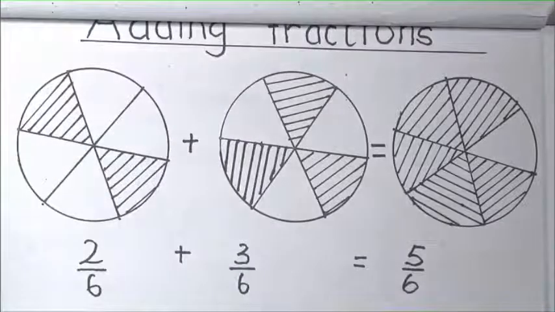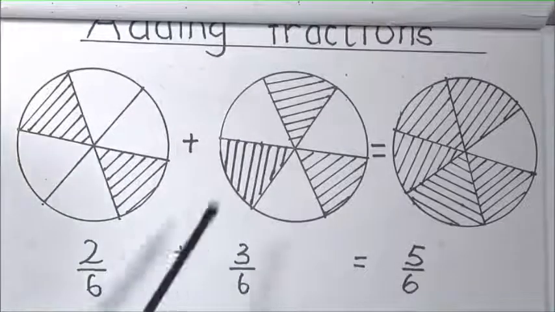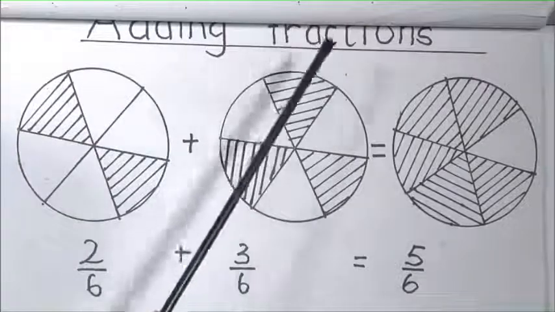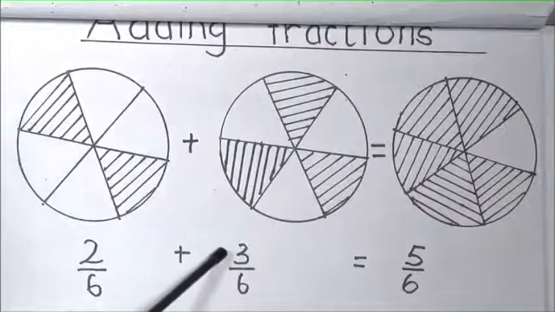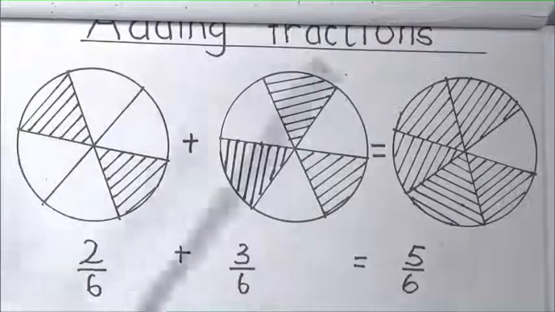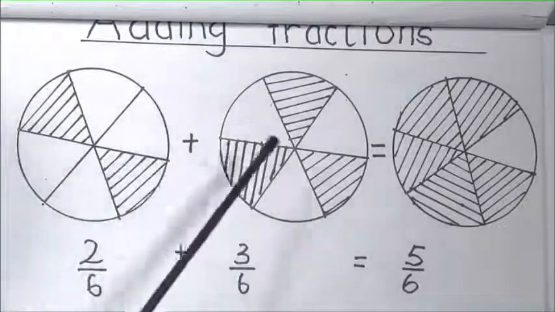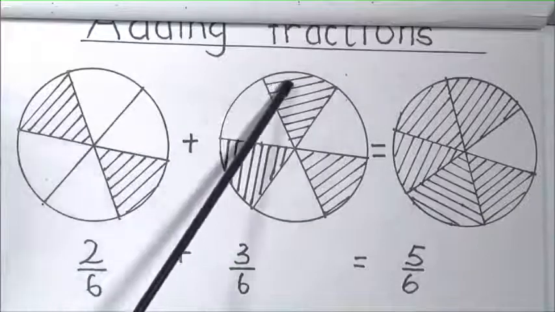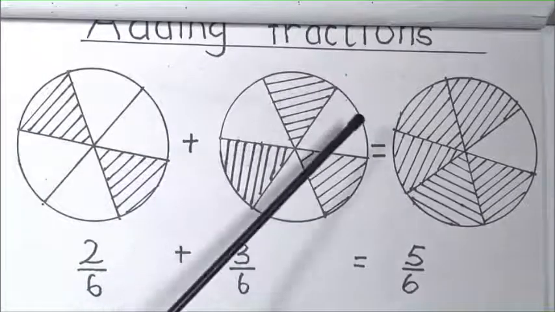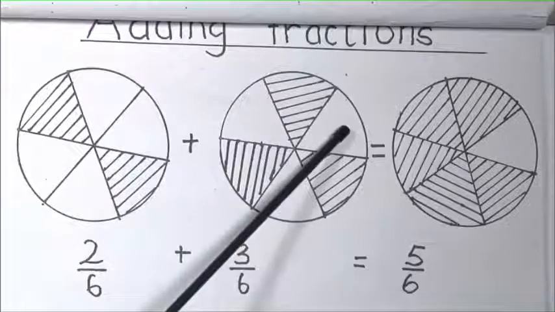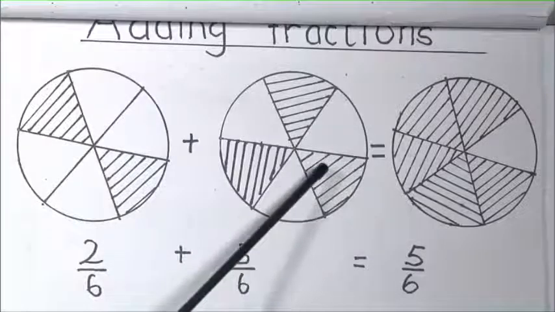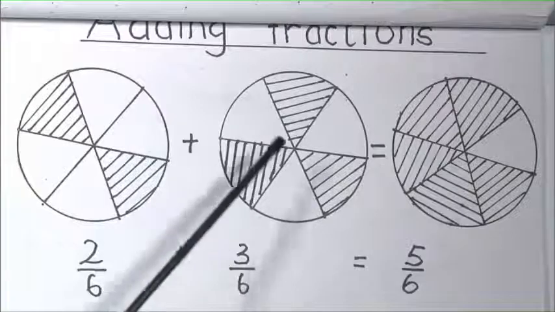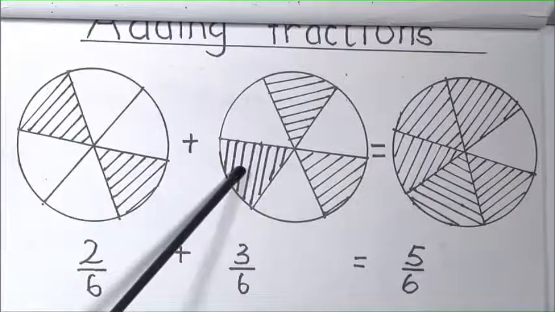We have another circle. How many parts have been shaded in it? 1, 2, 3. Here it is. How many parts in all do we have in the circle? Let's count. 1, 2, 3, 4, 5, and 6.